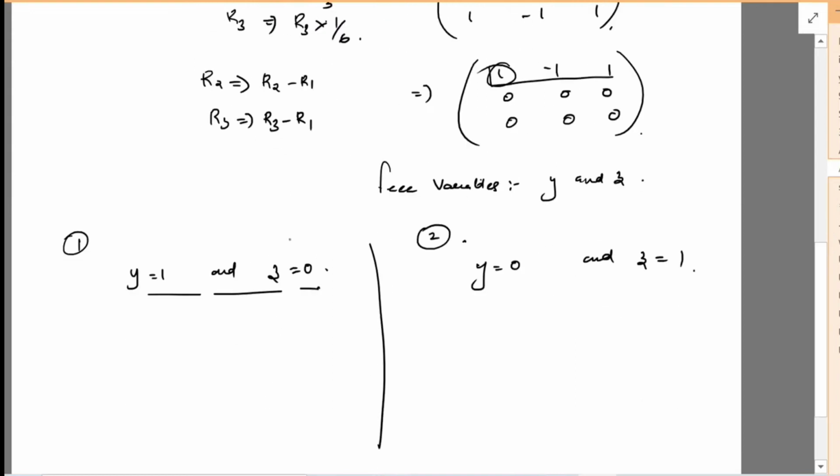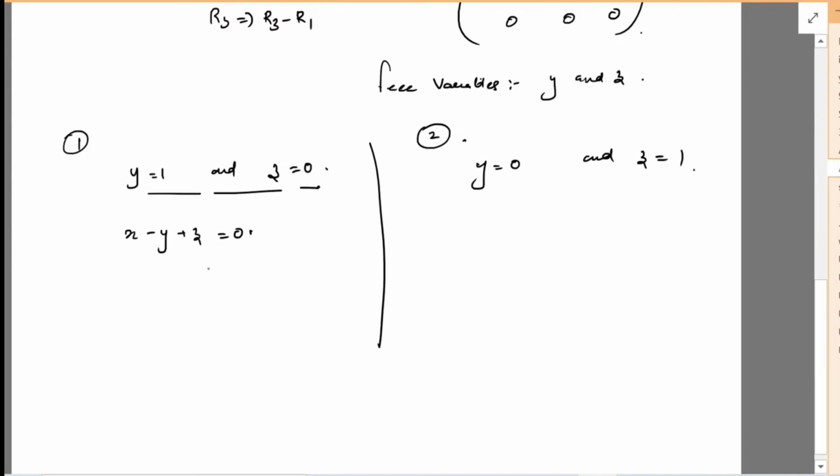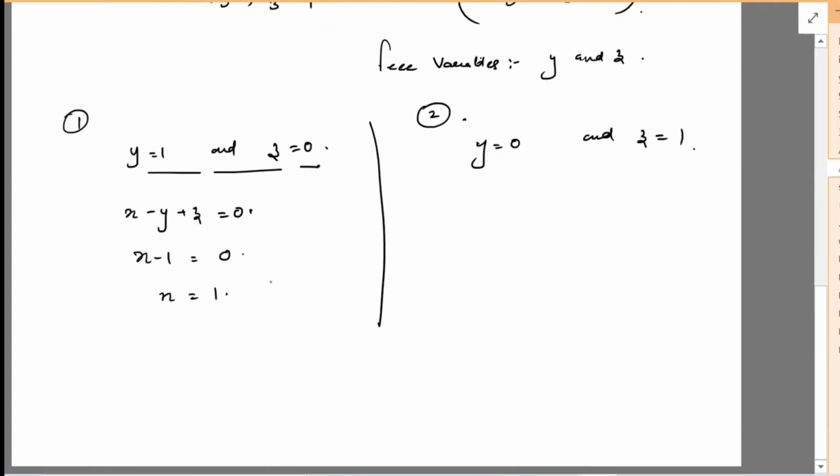The equation corresponding to the first row in the echelon form is x minus y plus z equal to 0. So that will be x minus 1 equal to 0, so x equal to 1.